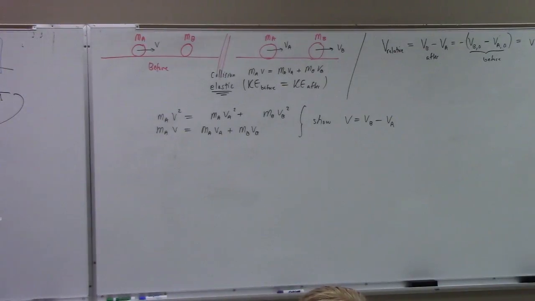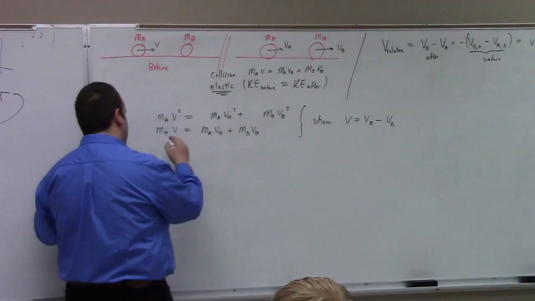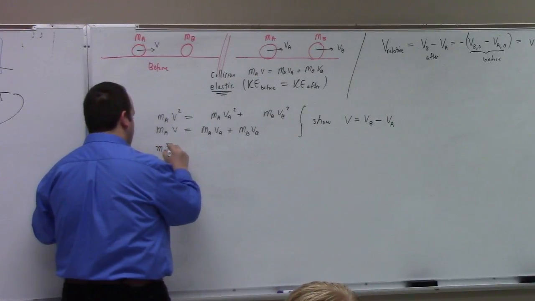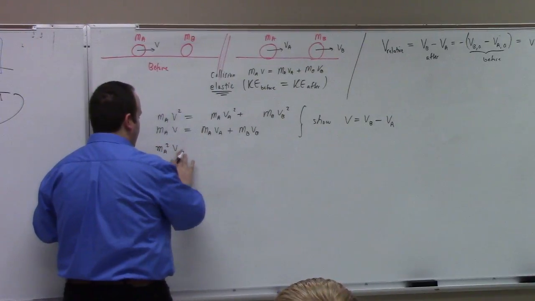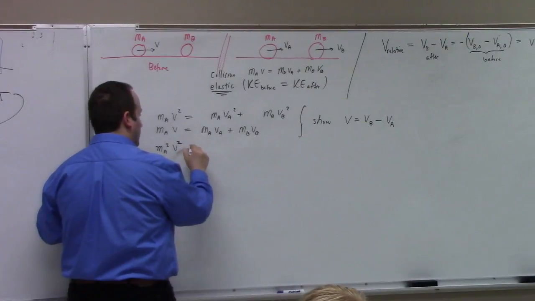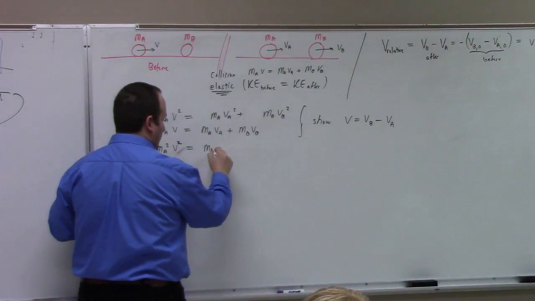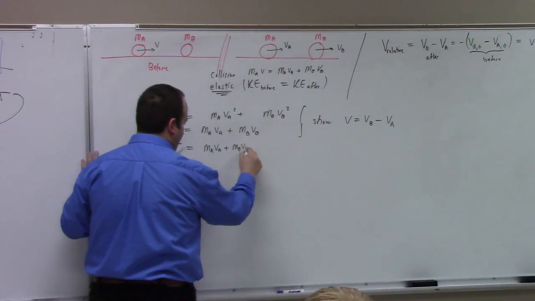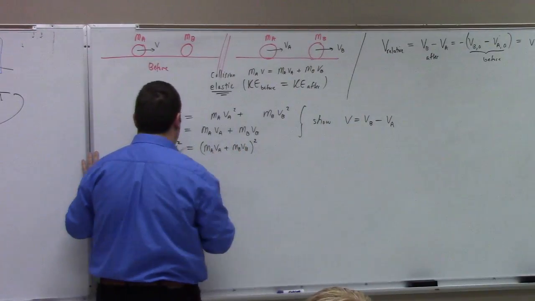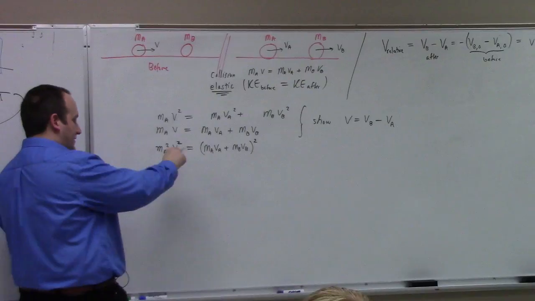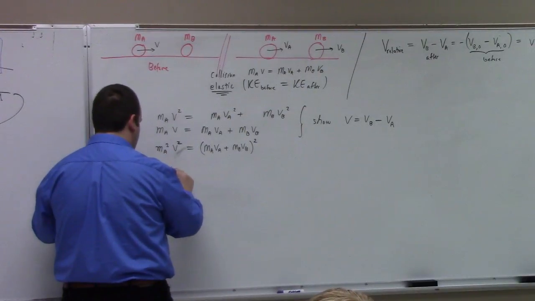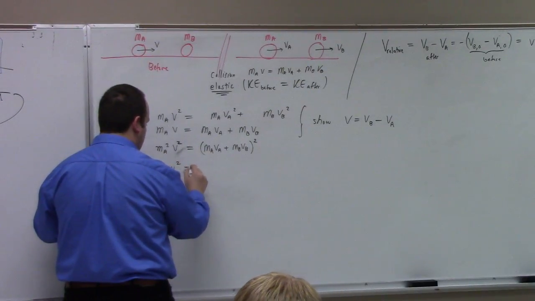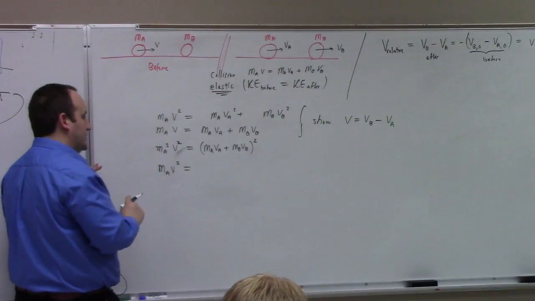How do we put the squares there? How about we square it, right? So this is ma squared v squared, which is equal to ma va plus mb vb quantity squared. Or if we divide that, we've got ma v squared is equal to, well, let's see, how can I look at this?